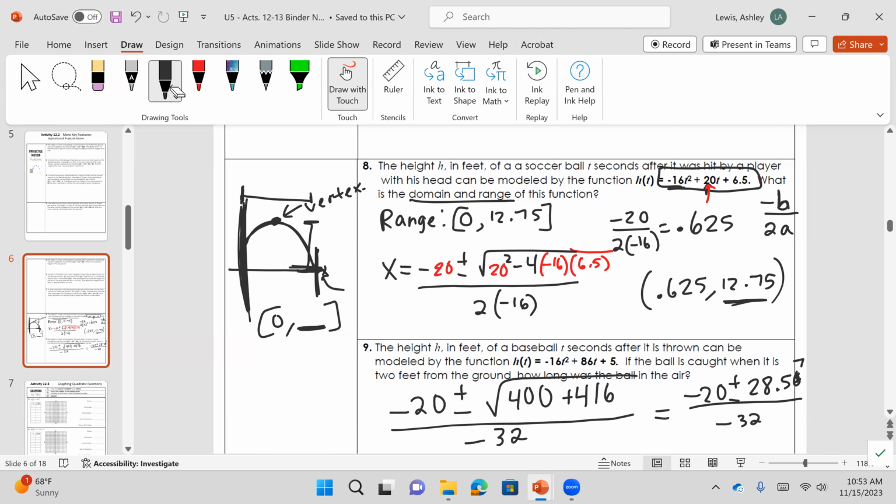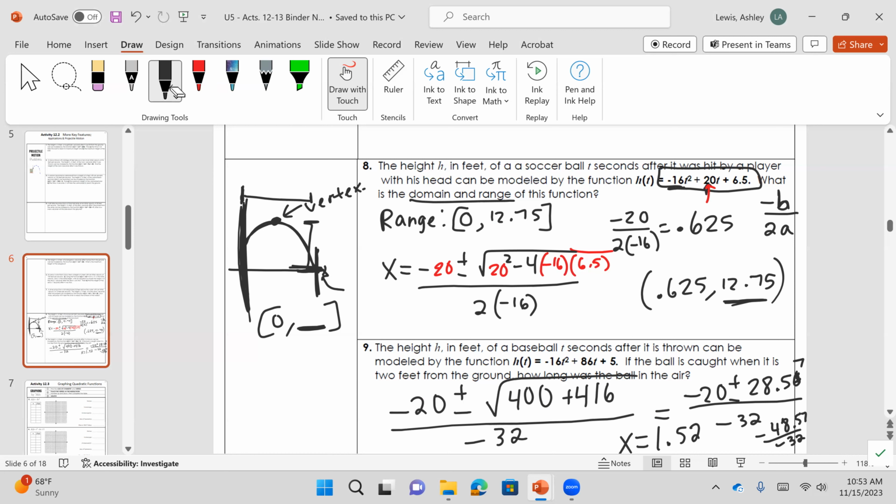This will give you two answers, a positive one and a negative one. So we're going to do negative 20 minus 28.57, which is negative 48.57, divided by negative 32. Can you put that into the calculator? You'll get x equals 1.5178125.